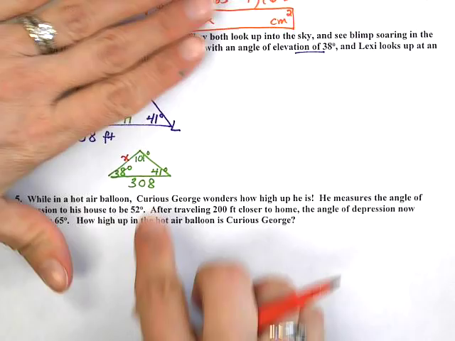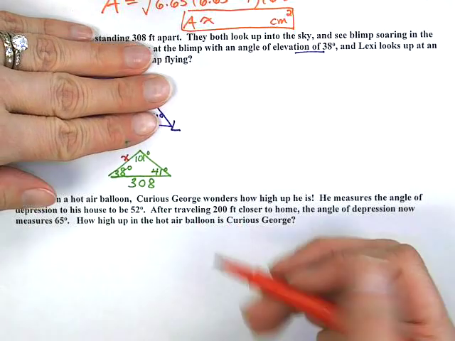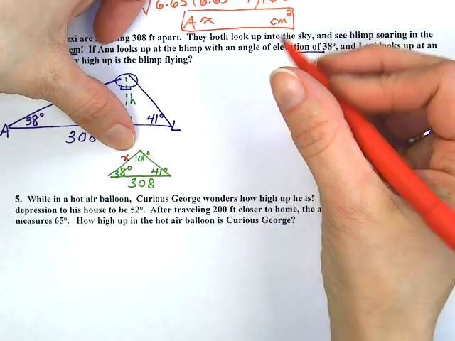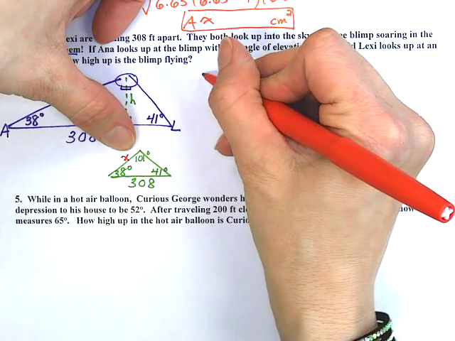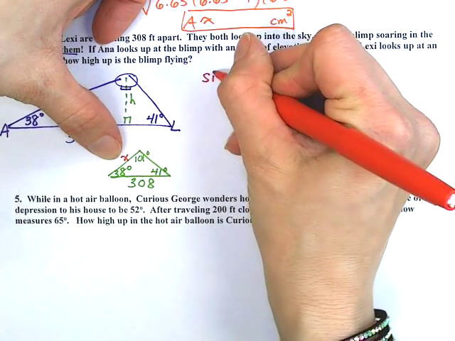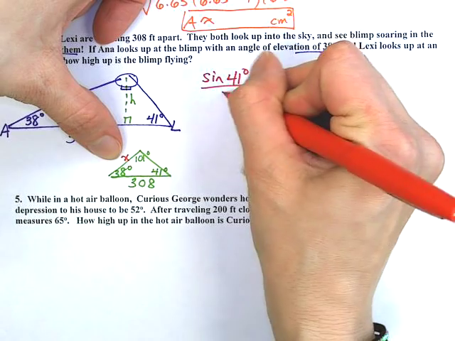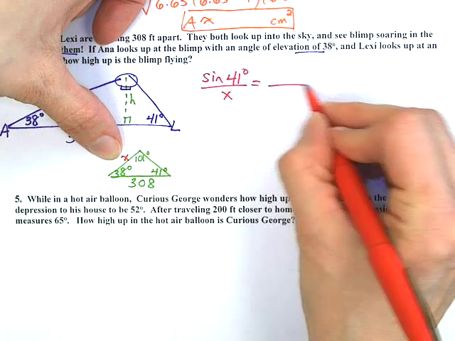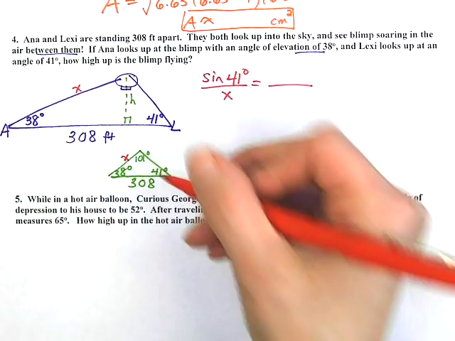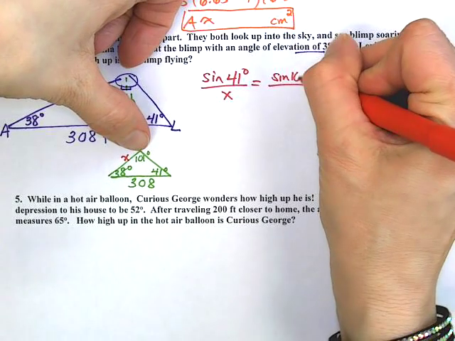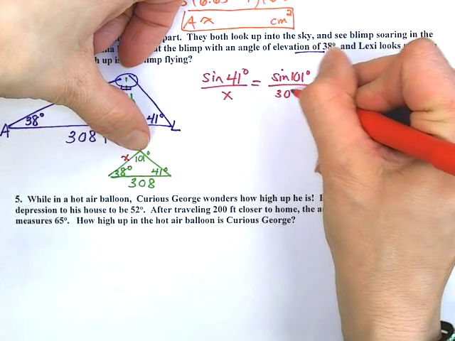This obtuse triangle here is not a right triangle, so we're going to have to do law of sines. Sine of 41 degrees goes with the X. Now let's pick another ratio where we know both the numbers. How about sine of 101 goes with 308?